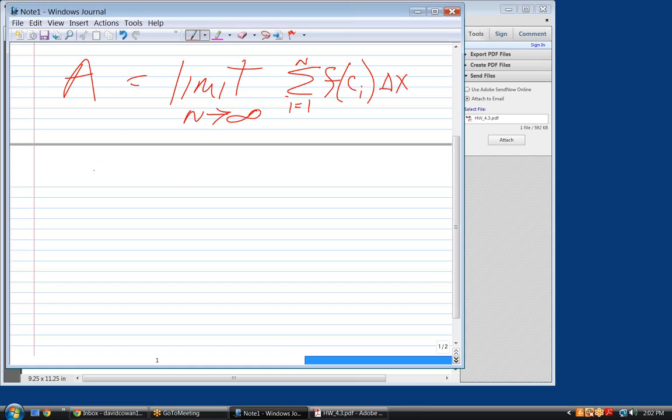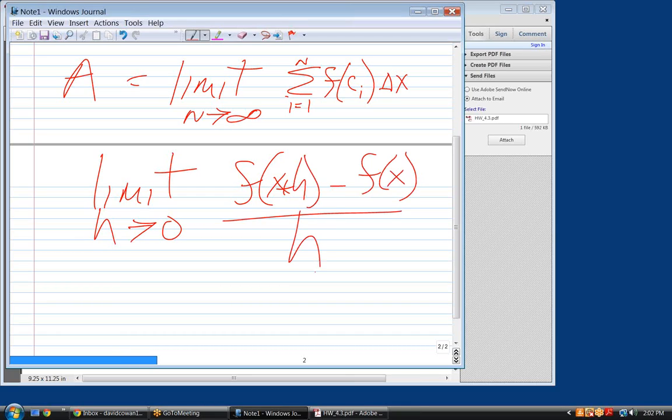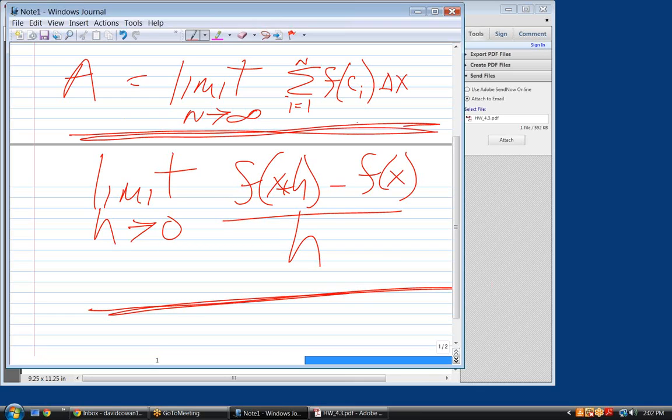The definition was the limit as h goes to 0 of f of x plus h minus f of x all over h. This is the official definition of the first derivative. Well, this is the official definition of the integral, or area under the curve.